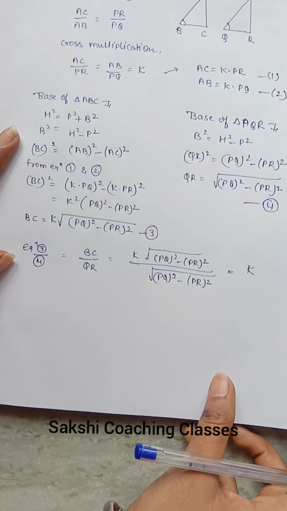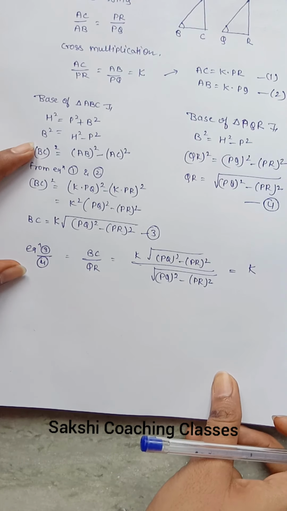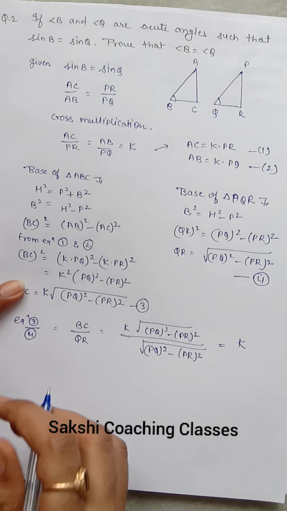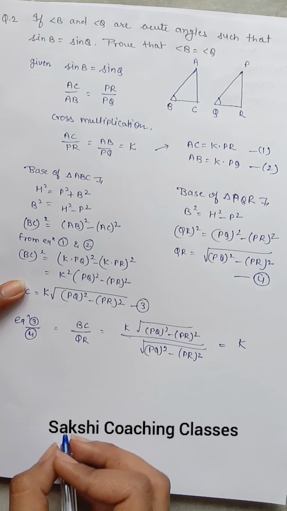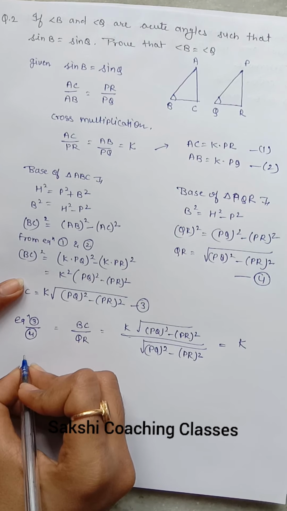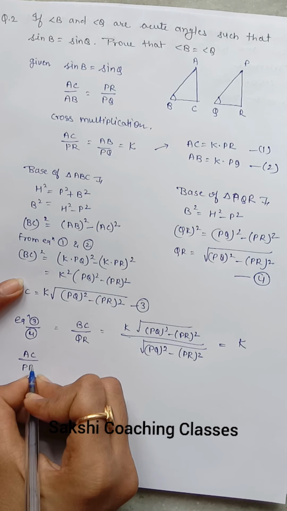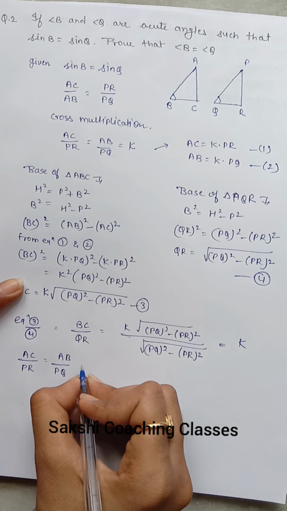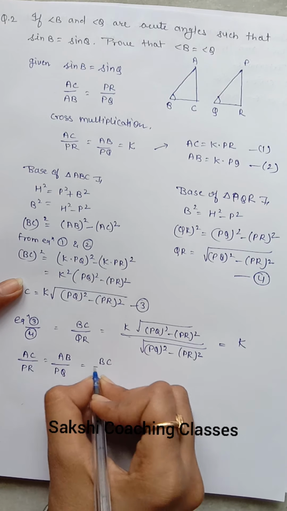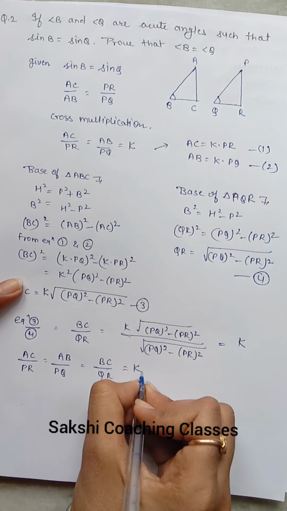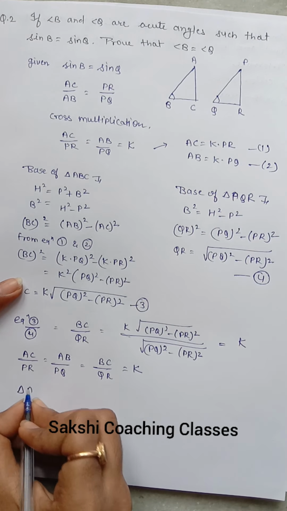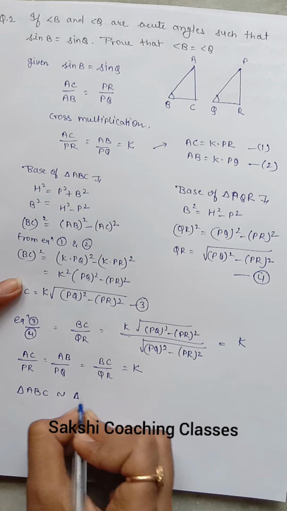And from this, what will happen? We will observe that AC upon PR, AB upon PQ, and BC upon QR is equal to K. It shows that triangle ABC is similar to triangle PQR.